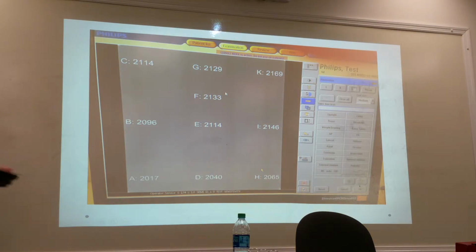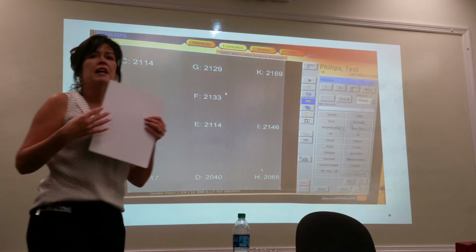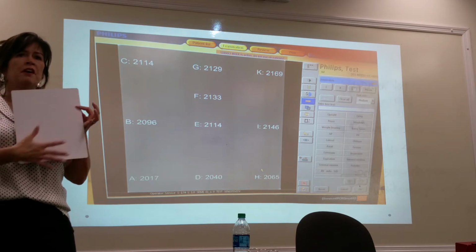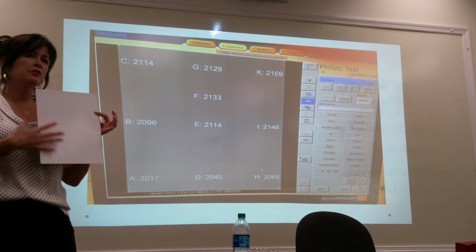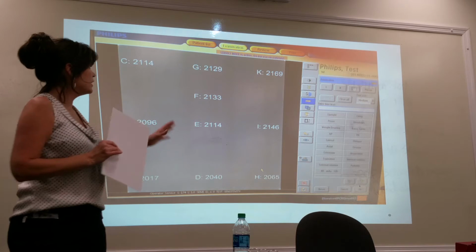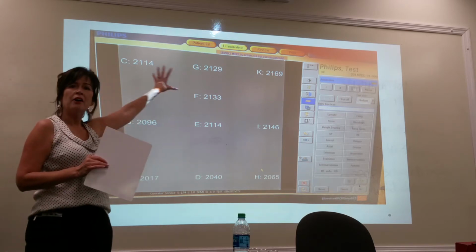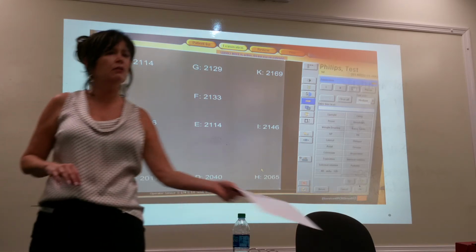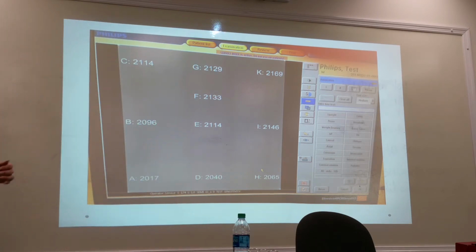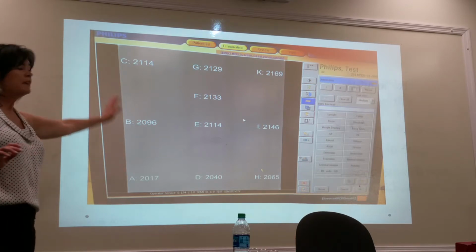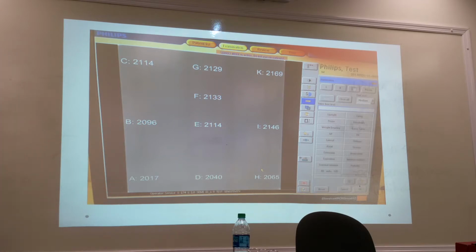And here, tests are done. The expectation is that the phosphor would be evenly dispersed over the plate and that it would be even throughout. And we're going to talk about QA later on in the semester. But you would expect these numbers that are being read to be fairly close to each other. So you want even exposure throughout the imaging plate.